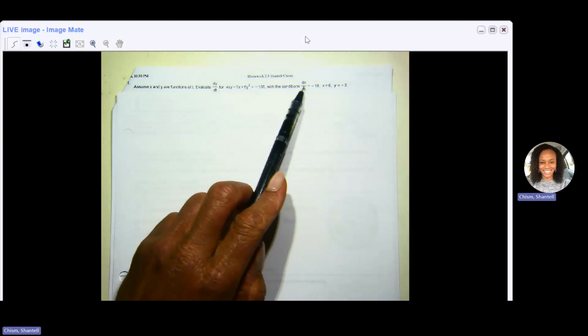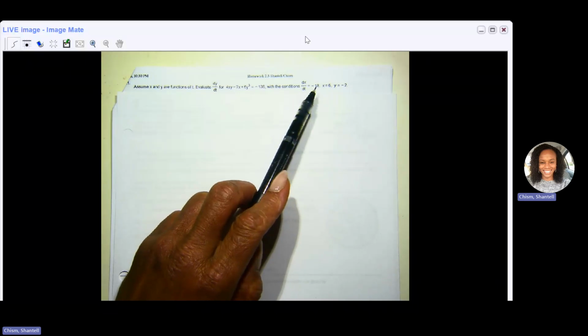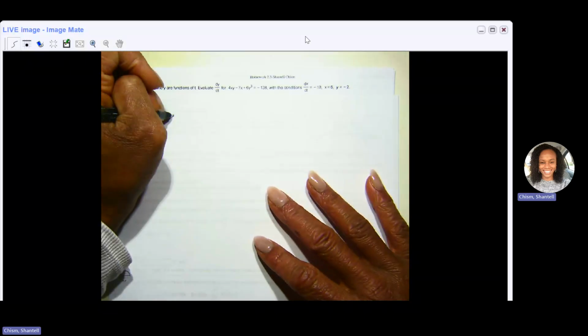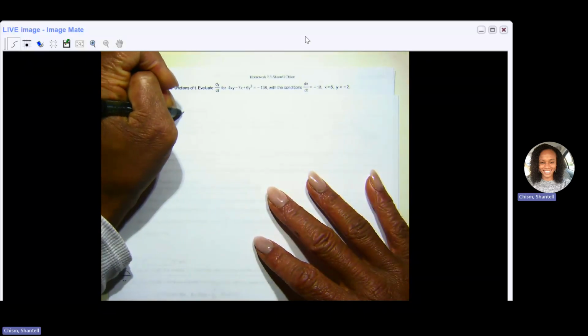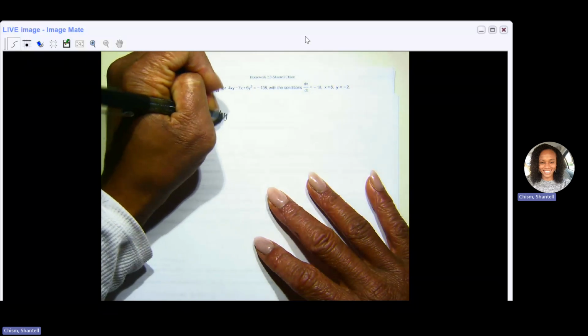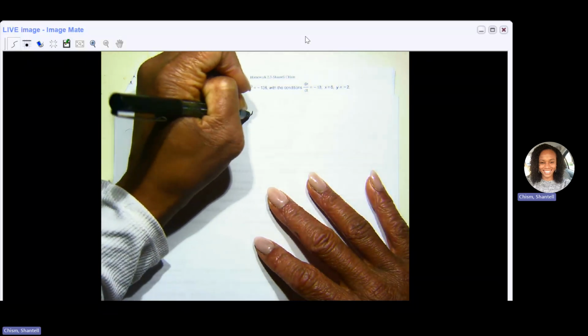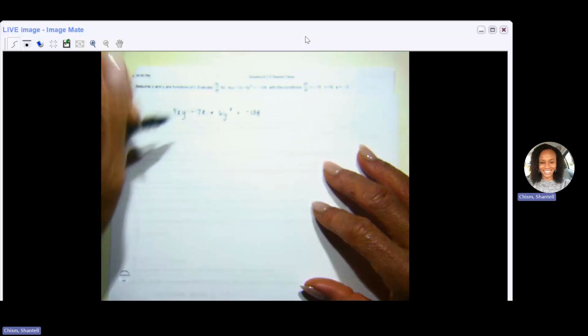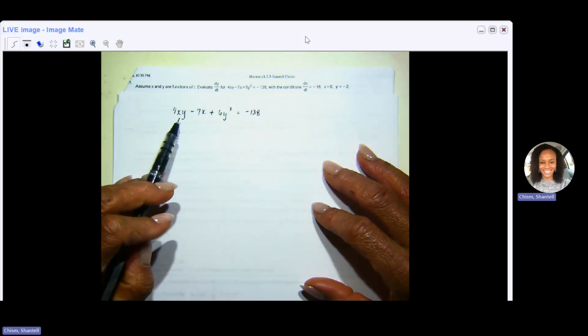So we're going to be given the derivative of x with respect to t, and then we're given the actual value of x and the value of y. So I'm going to start off by rewriting the equation, 4xy minus 7x plus 6y cubed equals negative 138. What I want you to notice first is this very first term is a product.